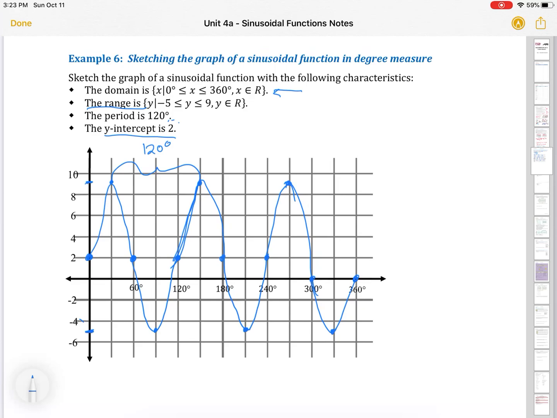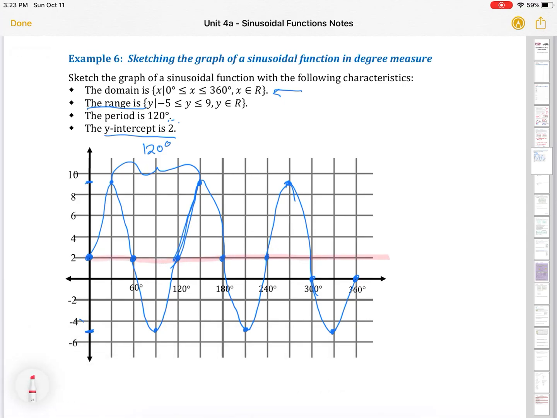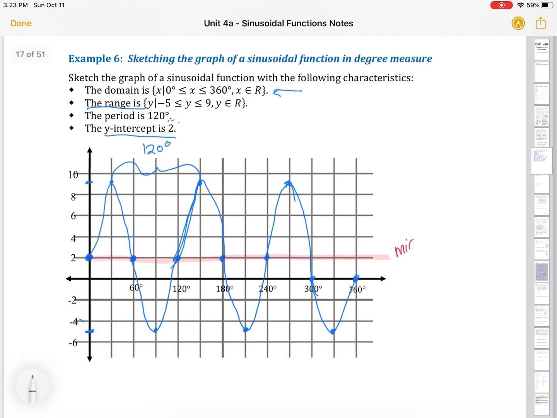So let's take a look at what we have just to make sure it all works. Our midline, right there, that's our midline, y equals 2. What else do we know? We know our period was 120 degrees. We know that we're going from -5 to 9, right?